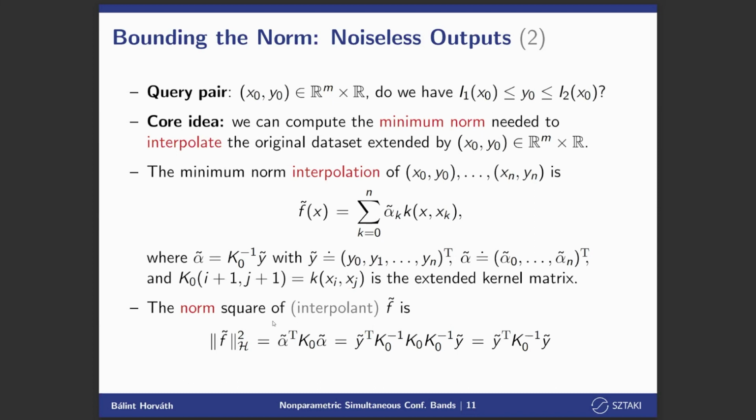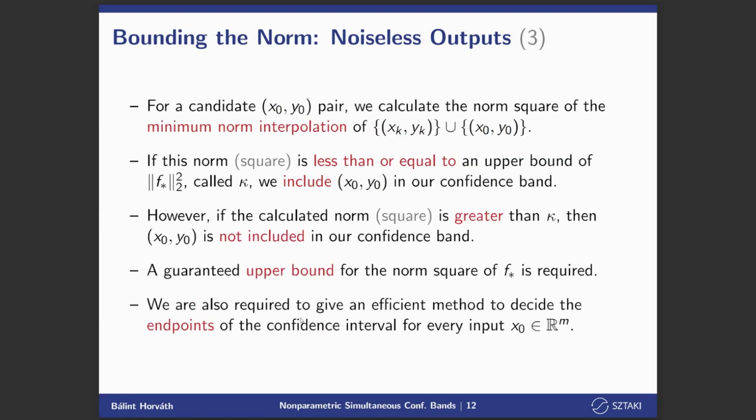So this was the core idea. And basically, there are many equations here. I prepared the slide mostly with words and ideas to give a short idea of what we are doing here. So we just take a candidate pair from our distribution, and we calculate the norm of that interpolation function extended with this candidate pair.